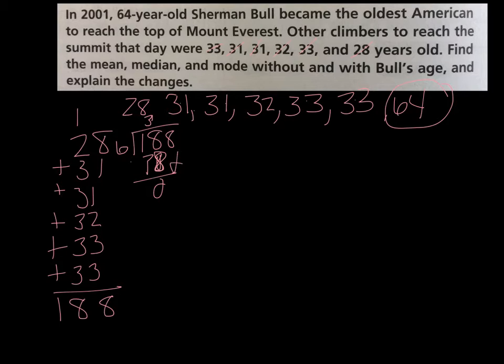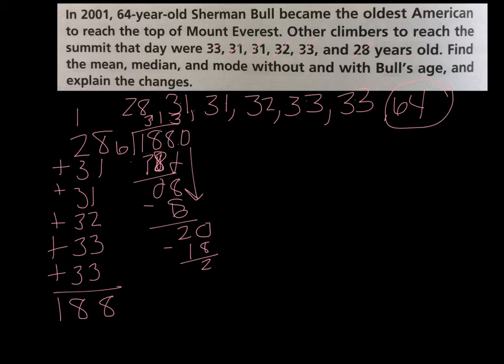I'd get 0, bring down my 8. 6 goes into 8 once. 6, I'd be left with 2. I can add my decimal, bring down a 0. 6 goes into 20 3 times. Minus 18, I bring down a 2. So we see that's going to repeat.